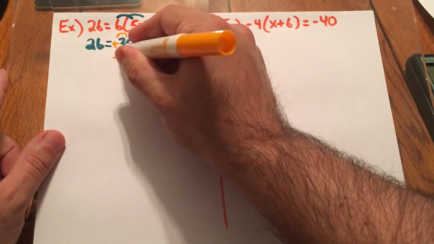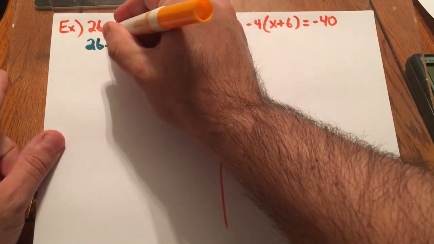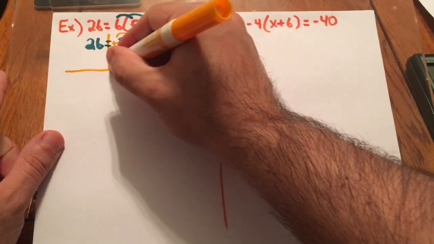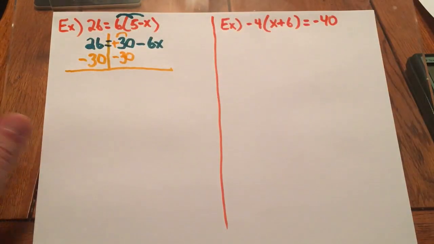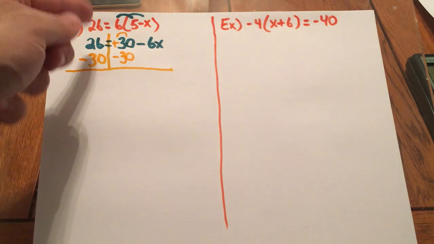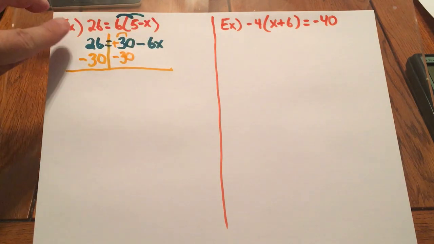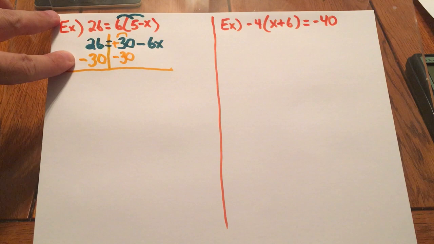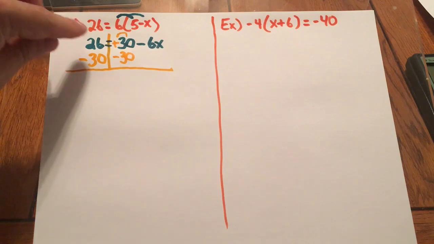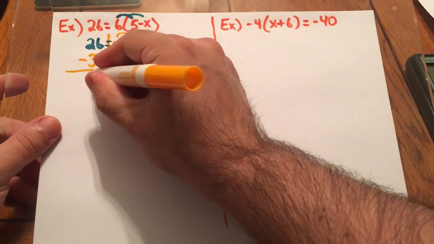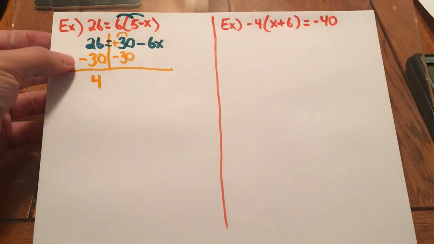And what I do on one side, I have to do to the other. So I'll come over here and minus 30 on that side. Then we just add up and down. Notice here 26 and negative 30 don't have the same signs. Signs are different, which means you subtract. So 30 minus 26 is going to be 4, and then we keep the sign of the bigger number.